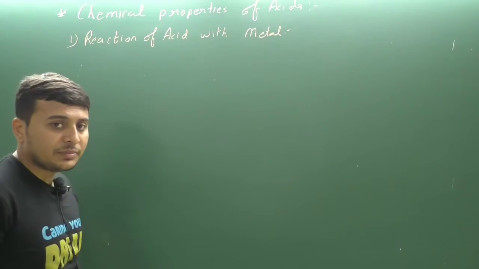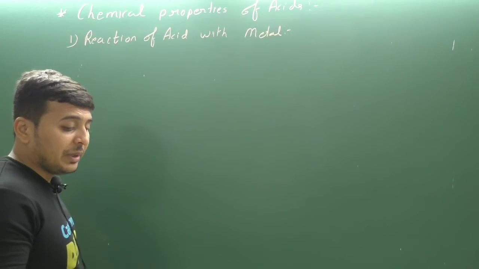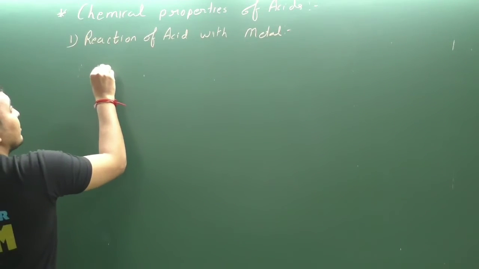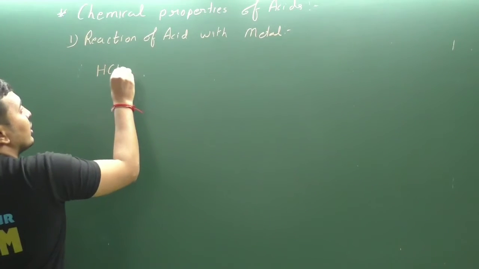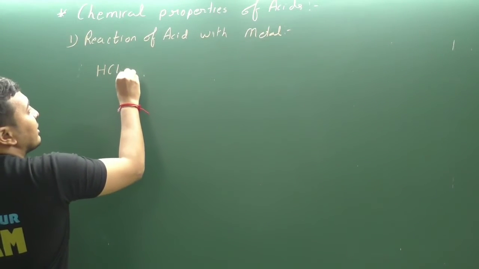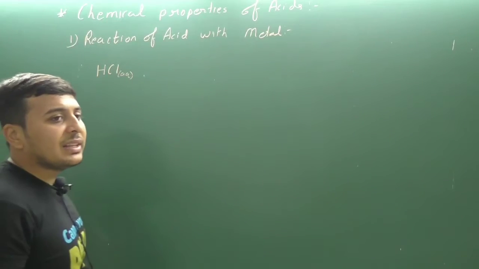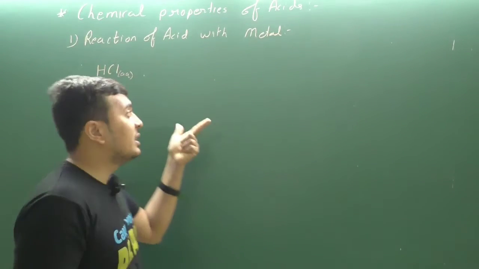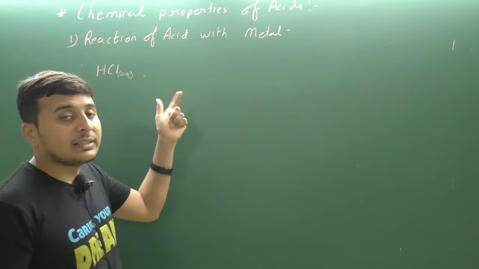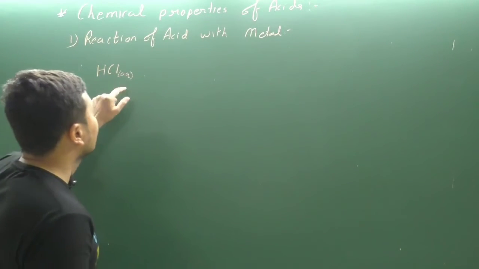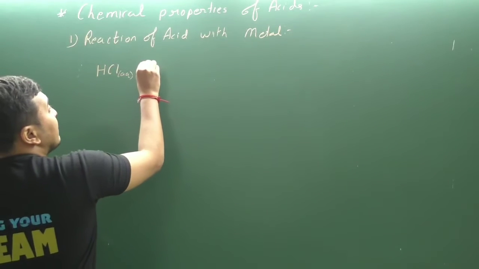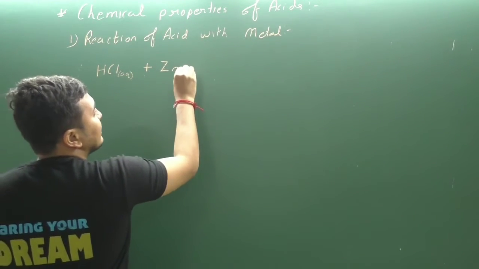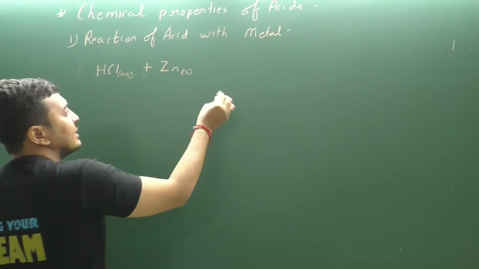Let us see here. What is the reaction of acid with metal? For example, hydrochloric acid, aqueous in state. Acids and bases, when they react with each other, especially when they are on the reactant side, are always in the aqueous state. When it reacts with any metal, for example zinc, metals are solid in state, as it is a single element.